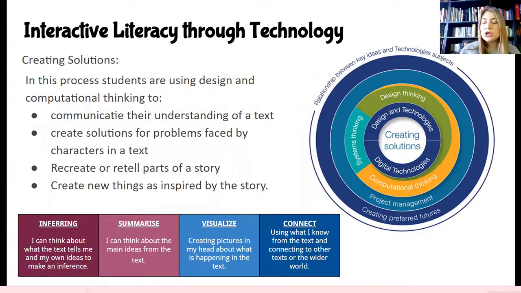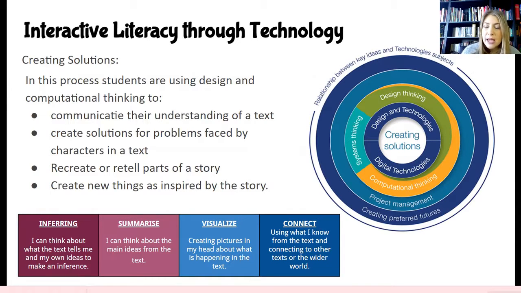So using those two approaches and then integrating technology, that's where we get interactive literacy. And interactive literacy is really, in its essence, about creating solutions to problems in texts through technology.